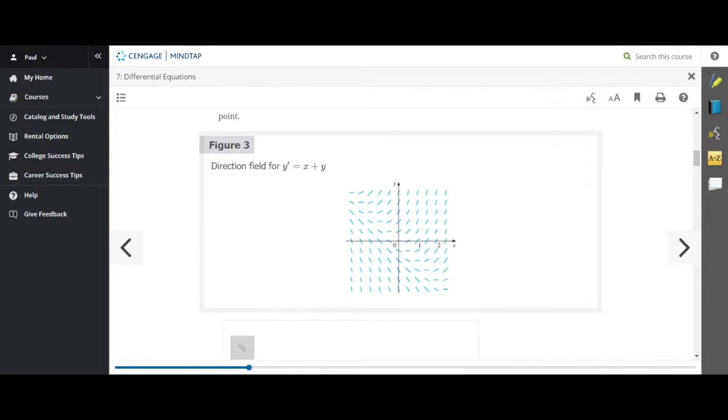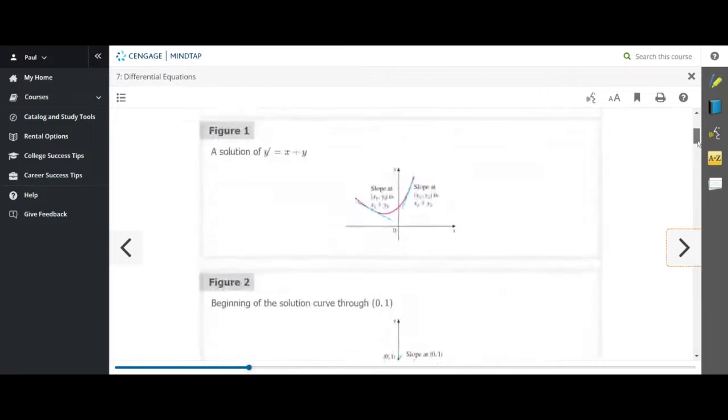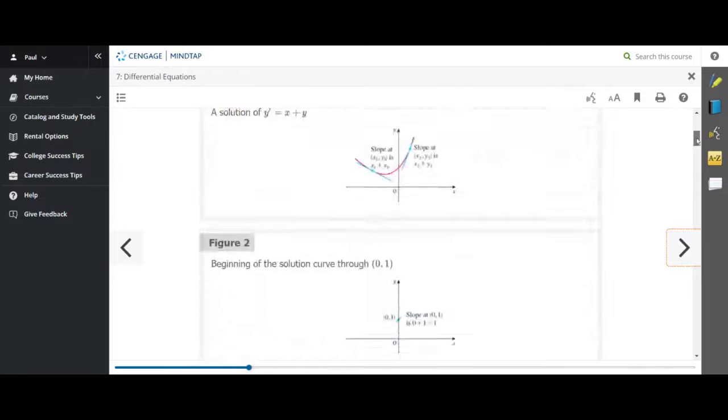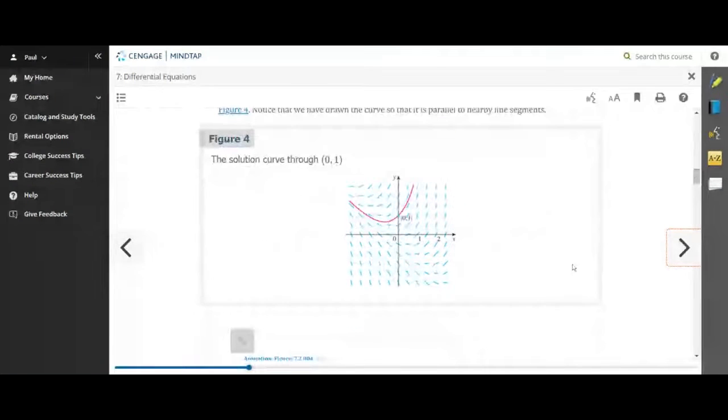Once you know the direction field, you can actually graph a solution. Let me go to figure 4. In figure 4, you have the direction field for the differential equation y prime equals x plus y.